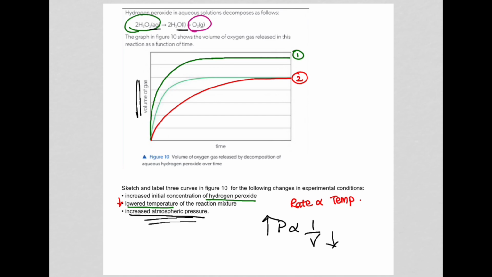Therefore, pressure will have no effect on the rate of reaction because here oxygen is the product. It's not part of the reactant. So the pressure will not affect the rate. So initial rate will stay the same, but then the volume is going to be less. So your graph should initially start the same, but then you're going to have less product. This will be graph 3.